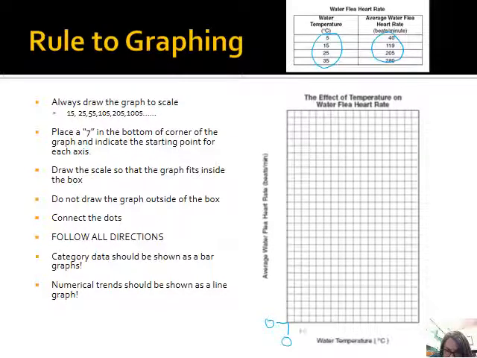So 5, 10, 15, 20, 25, 30, 35. Now I'm also having a little difficulty figuring out where my boxes are, so I'm going to draw these little lines down to help me out because I keep on getting stuck when I'm looking at it.